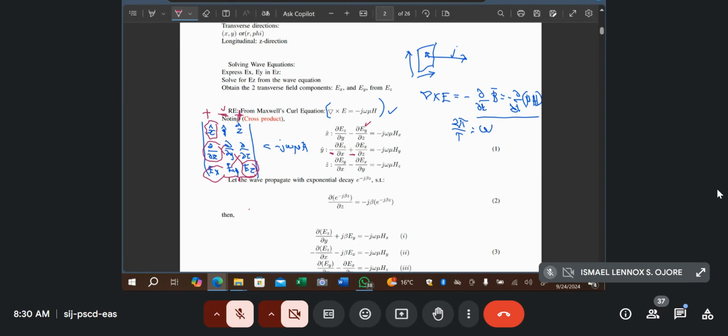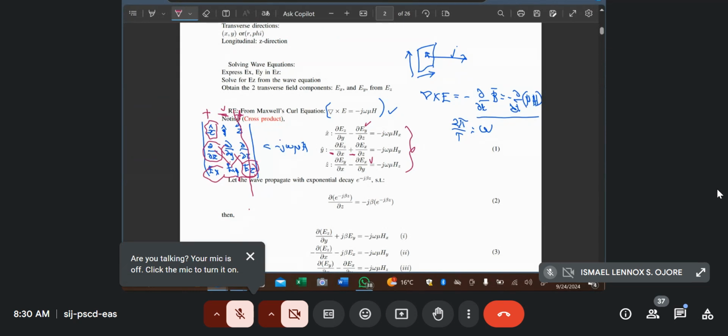Then for the z component, we just block that. Then we have d over dx of Ey minus d over dy of Ex. And that's what we have. So that's how we determine those values from the cross product of E, where all the components exist in the x, y, and z direction. If that's clear to everyone, we can proceed.